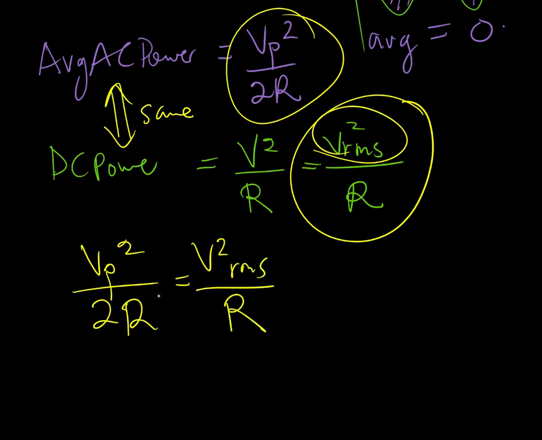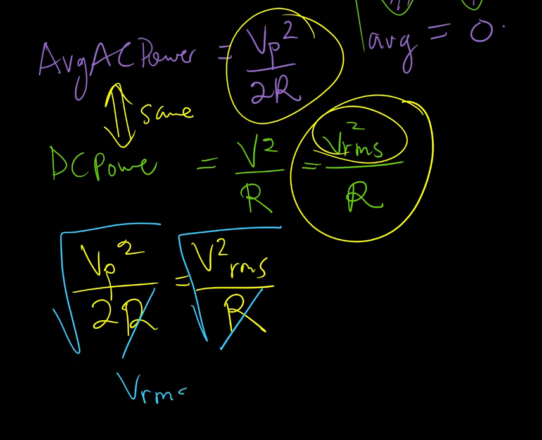The R's cancel out. I'm solving for V RMS, so I need to square root both sides. If I square root this side, that gets rid of the square. If I square root this side, I have to square root top and bottom. I'm going to get V RMS equal to V peak over the square root of 2.